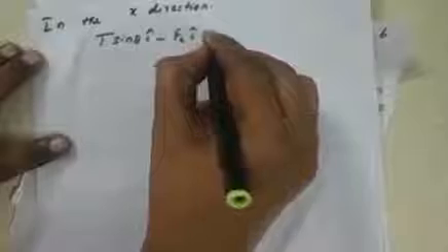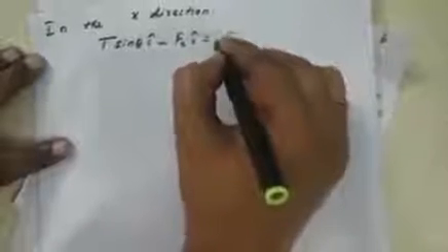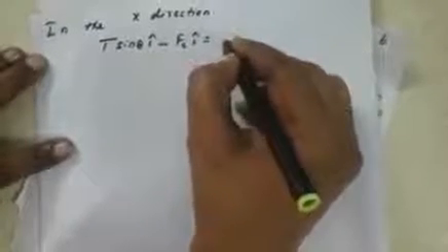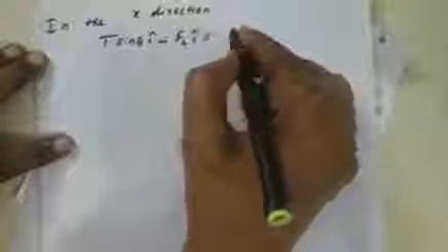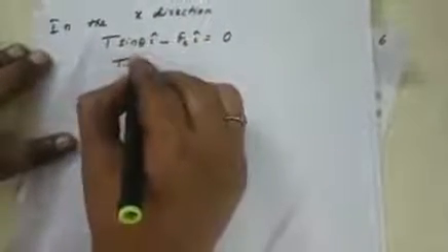So in the x direction, applying Newton's second law, T sin theta I cap minus Fe I cap is equal to the mass m into a. Here the acceleration is 0 because the particle is at rest, so it should be equal to 0. Cancelling the I vector, T sin theta is equal to Fe.